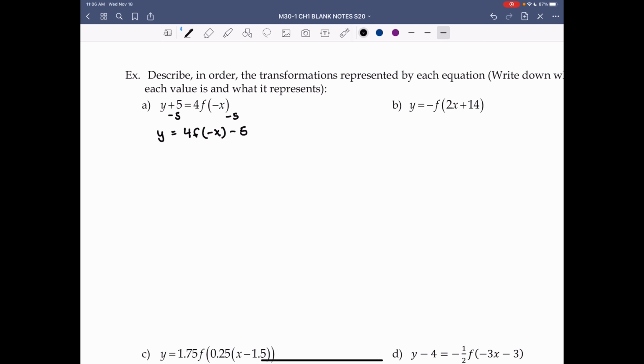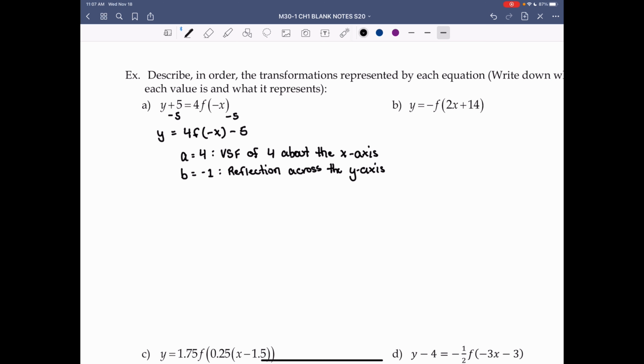Then I have an a value of 4, and a is a vertical stretch factor of 4 about the x-axis. B would be negative 1. So there's no stretch factor since b is 1, but because it's negative, that means that there is a reflection across the y-axis.